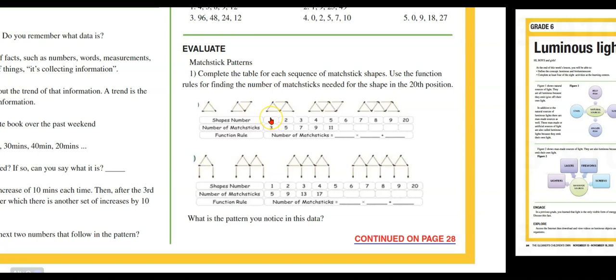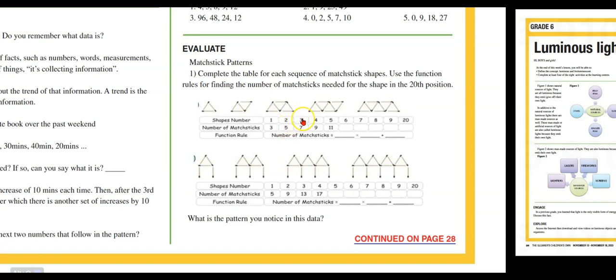So for 1, it's 1 plus 1 plus 1, that would give you 3. For 2, it would be 2 plus 2 giving you 4, and 4 plus 1 giving you 5.